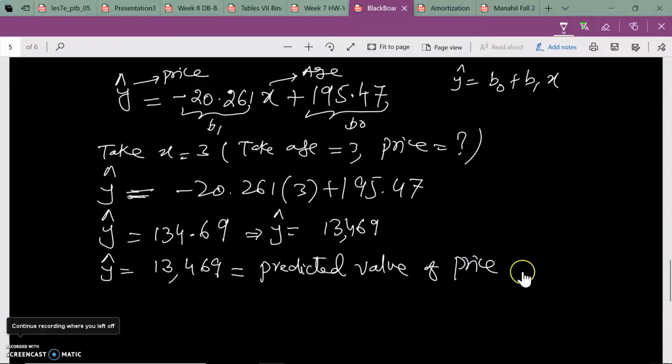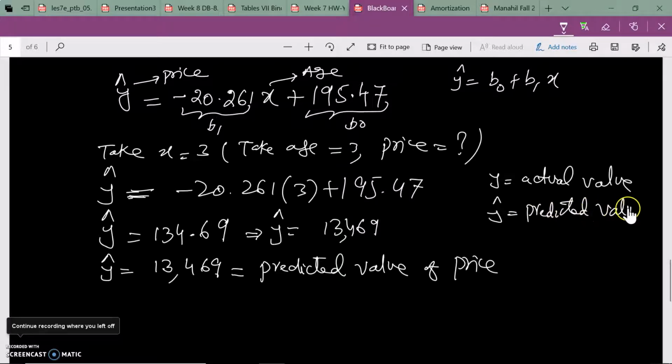And this y hat, the hat always represents the predicted value of y. So it's very important that you understand the difference between y and y hat. Remember, y is the actual value of y, and y hat is the predicted value, the value which comes to us via this model that we have created.